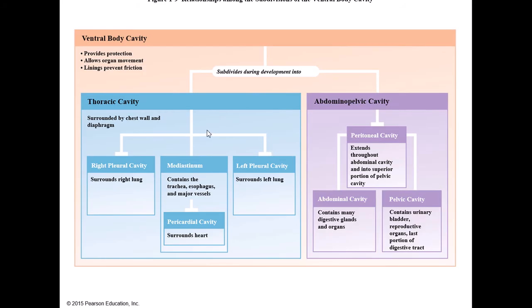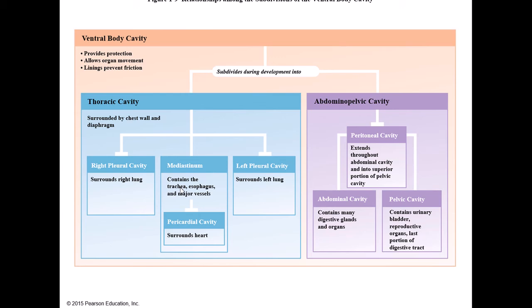Let's go back to the flow chart for a minute. So just to review, all of this in here in blue is the thoracic cavity. Everything in here is the thoracic cavity. The midline wall is the mediastinum. To the right of the midline wall is the right pleural cavity, contains the right lung. To the left of the mediastinum, left pleural cavity contains the left lung. Here we have the upper part of the mediastinum contains structures.